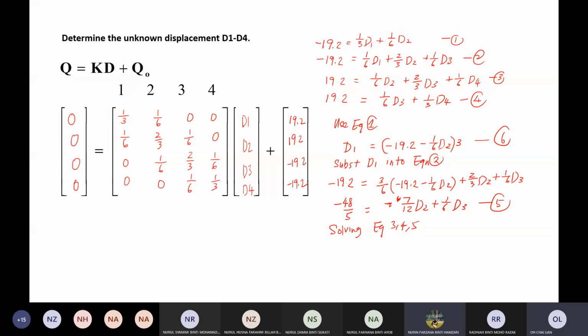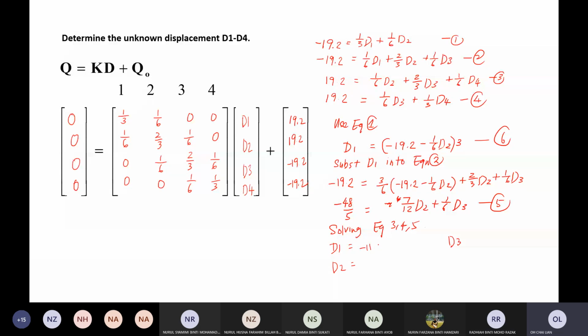Yes, doctor. So for those who have answered D1 to D4, can you give me your answer? I'll put it here. Negative D1... negative 15.36. There are a few answers, is it?